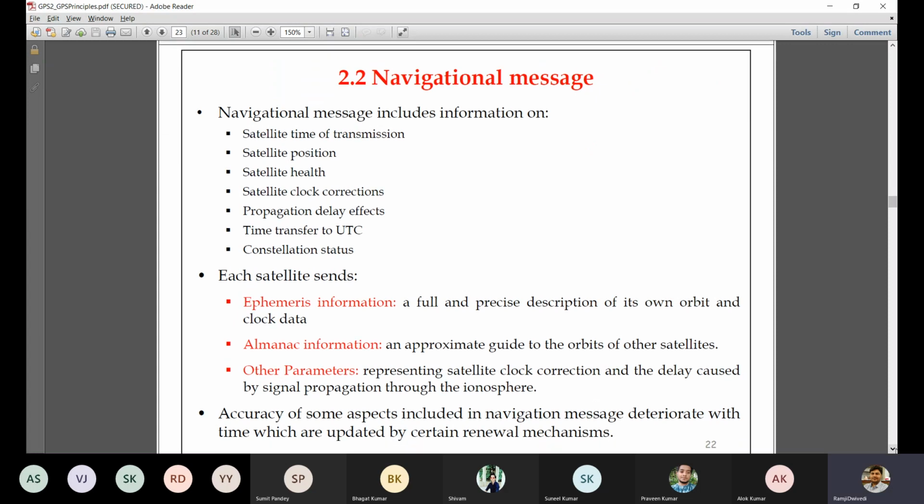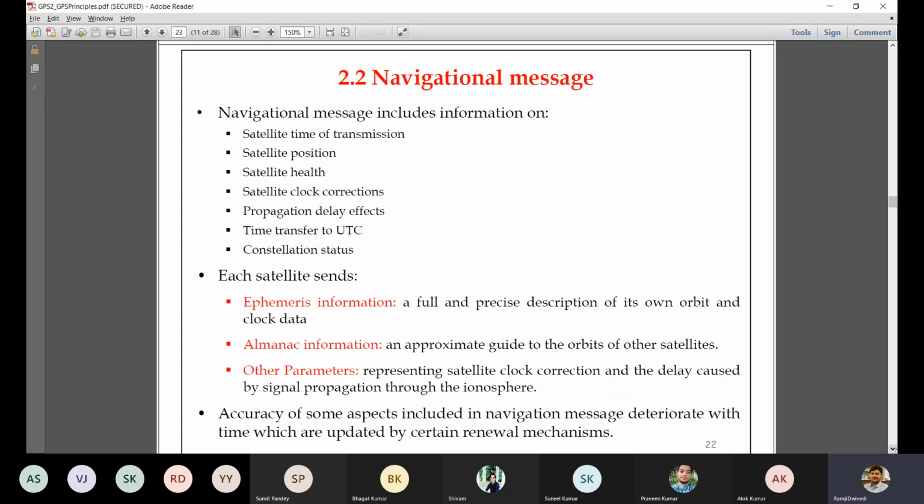Next topic is navigational message. Navigational message includes information on satellite time of transmission, satellite position, satellite health, satellite clock, propagation delay, time transfer to UTC, constellation status.